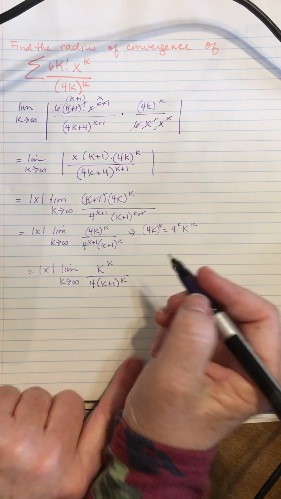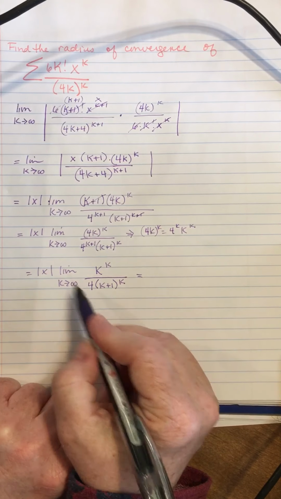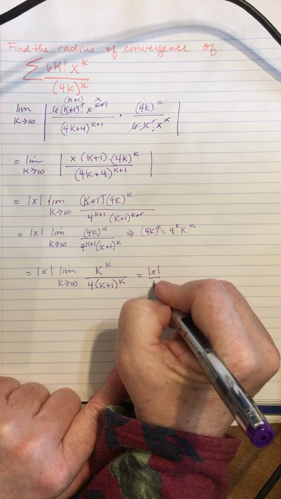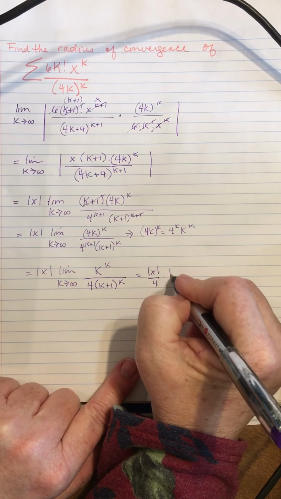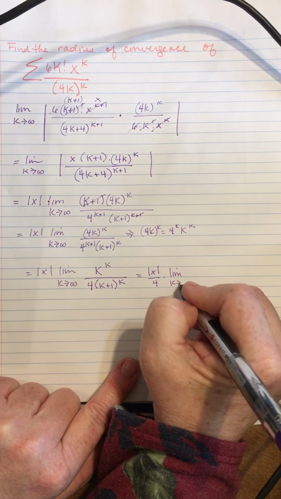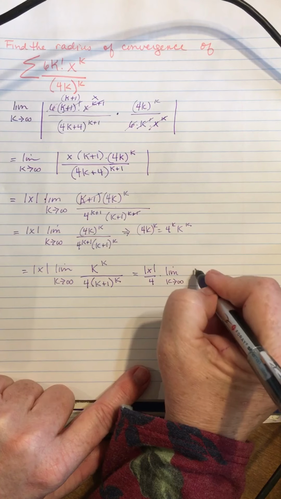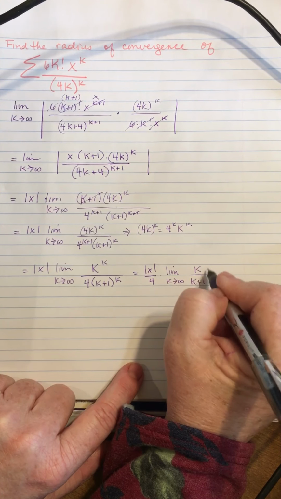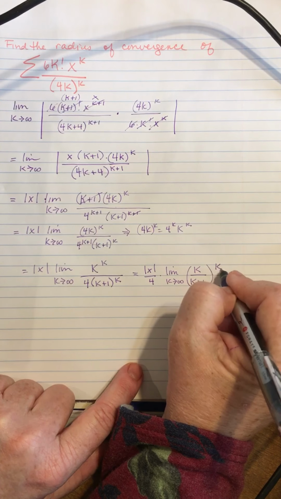All right, so if I factor this constant out front, we have the absolute value of x over 4 times the limit as k approaches infinity of k to the k over (k plus 1) to the k, which is k over (k plus 1) all to the k.